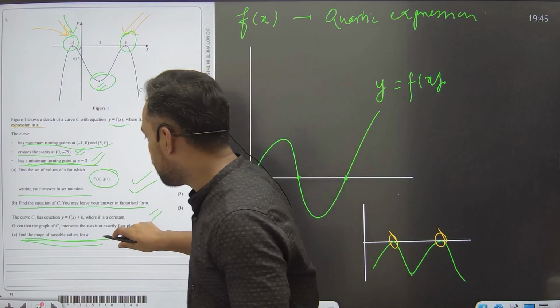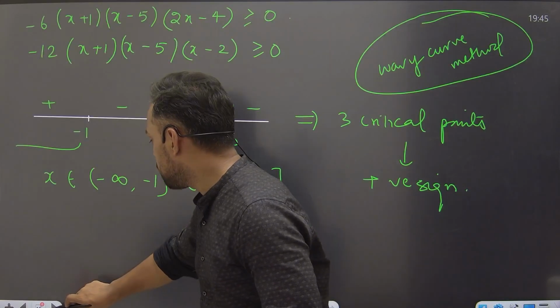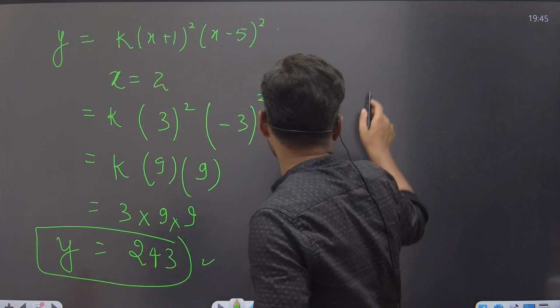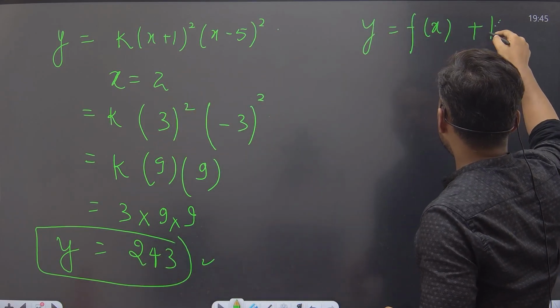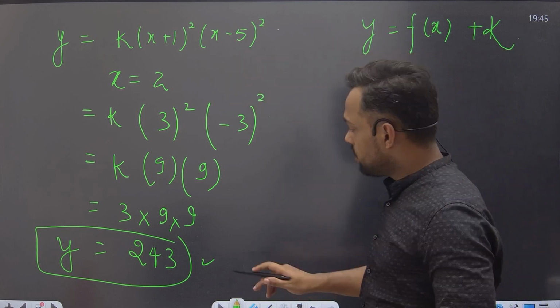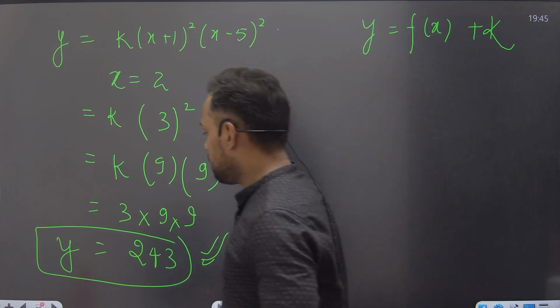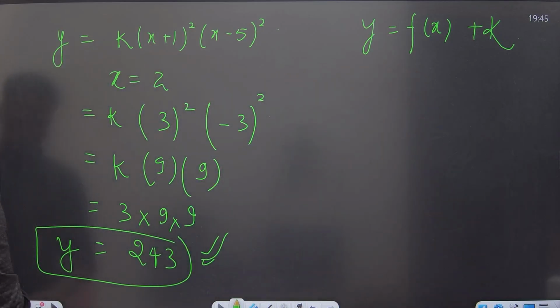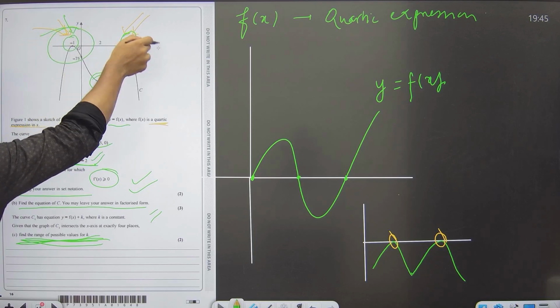So the range of possible values of k: here was the expression y equals f(x) plus k, y equals f(x) plus k. This was the equation they have given in the question. So we have seen that k will be lying from 0 to 243.